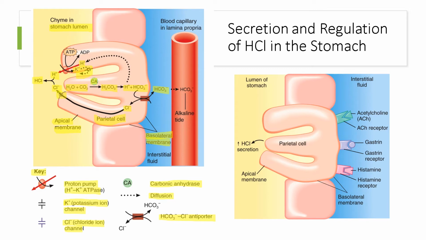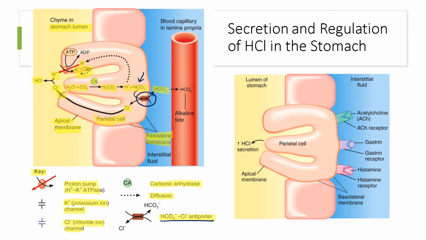Now this bicarbonate from this reaction here is going to be pumped out with that bicarbonate chloride antiporter right here. And it's going to pump out that bicarbonate, remember, which is a buffer molecule.